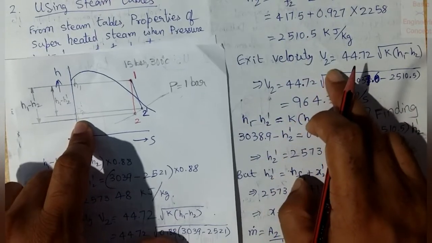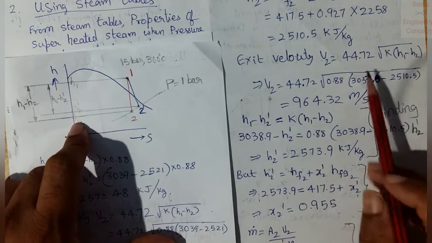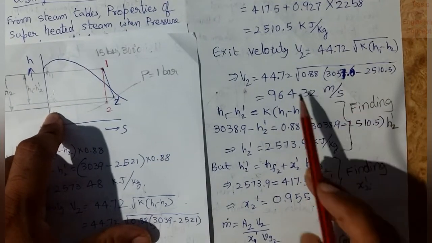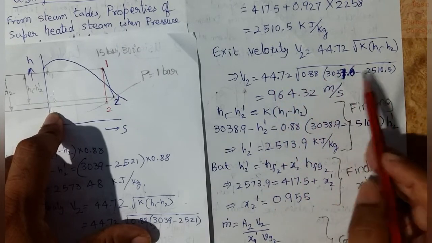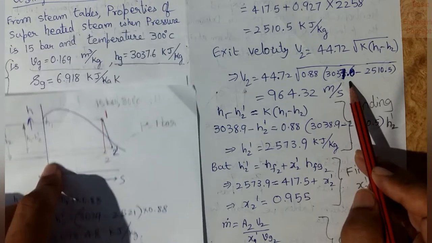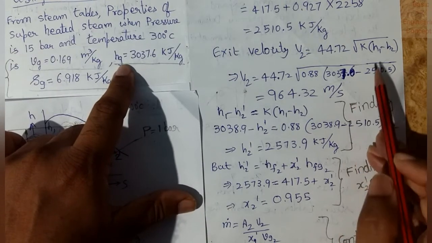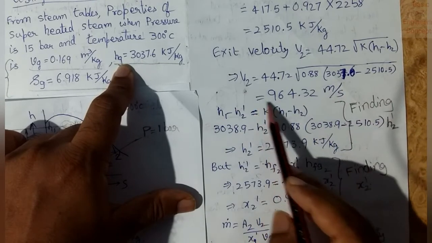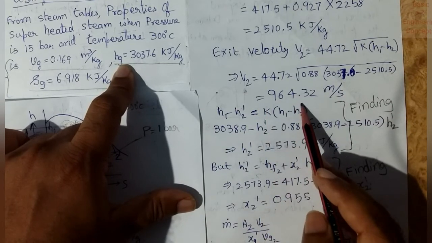Now what is the expression for exit velocity V2? 44.72 into square root of k into H1 minus H2. Substituting all the values, 0.88 is the value of k, H1 is Hg, H2 we found out here. So substitute here and get the velocity value.